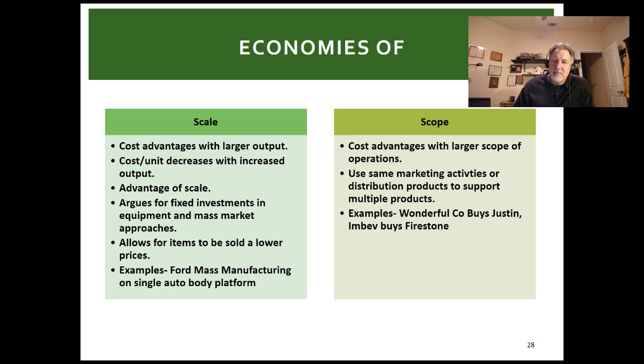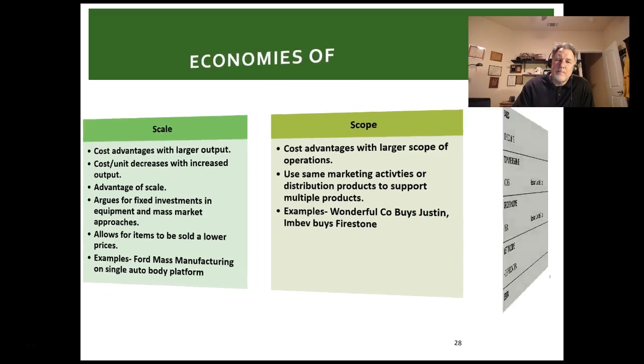InBev, for instance, is a large international beer and alcohol distribution business, and buys Firestone to fit into its portfolio. InBev, by the way, owns Budweiser. So it's broadening its scope, because the power of these organizations is that they have distribution. Because they dominate the distribution channels, they are able to push a wider variety of products across that because of the established relationships that are there.